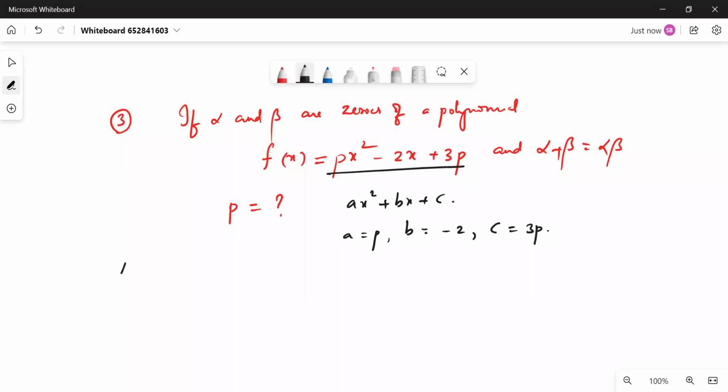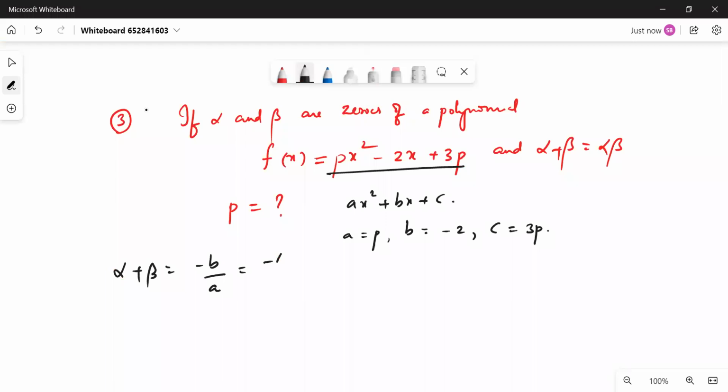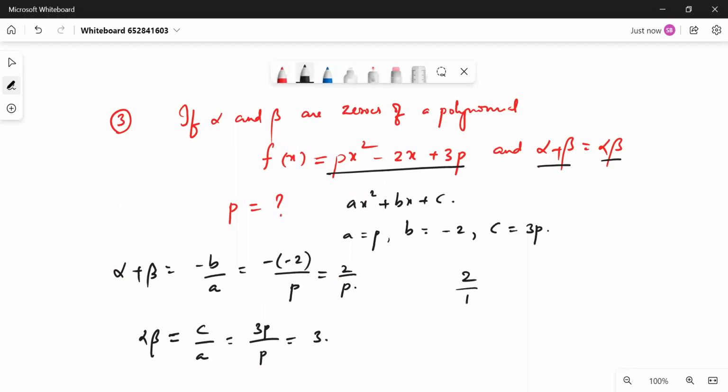Alpha plus beta is given by minus b by a. Correct, sir? Yes, sir. Minus of minus 2 by p, so 2 by p. What about alpha into beta? C by a, so 3p by p, that is 3. Already they have mentioned that alpha plus beta is equal to alpha into beta. So 2 by p equals 3. P will be equal to 2 by 3.